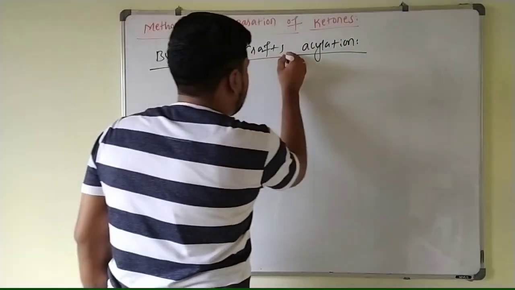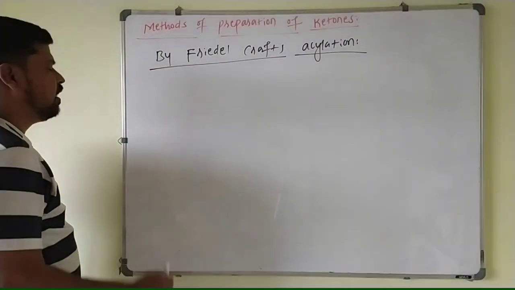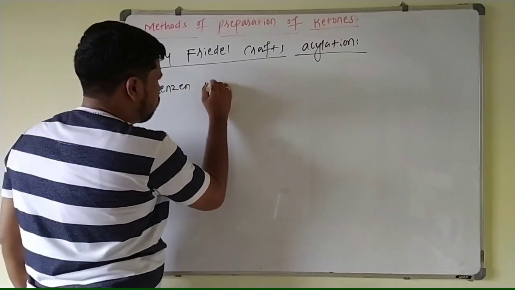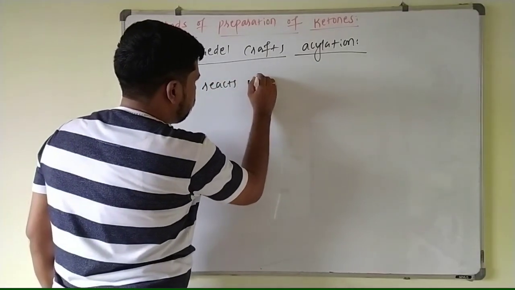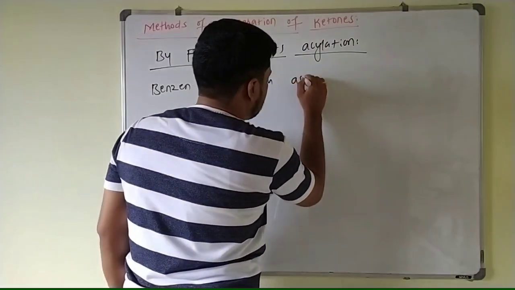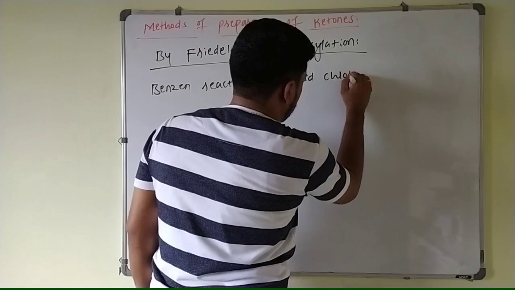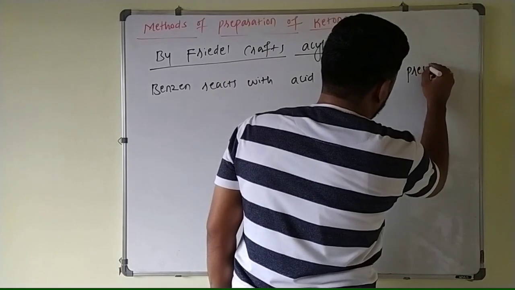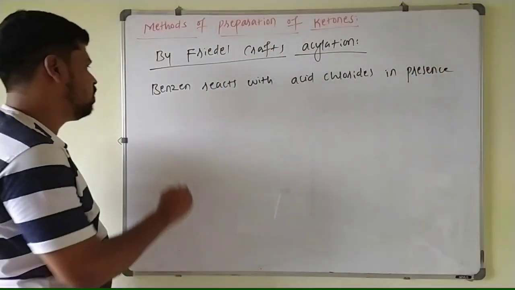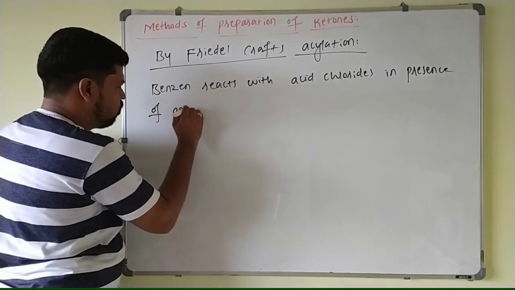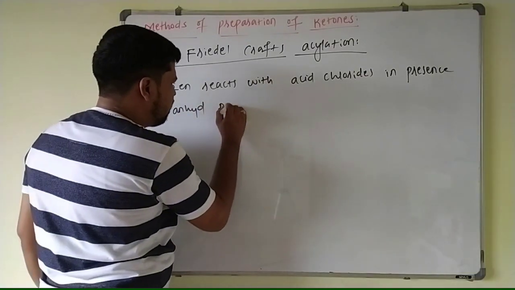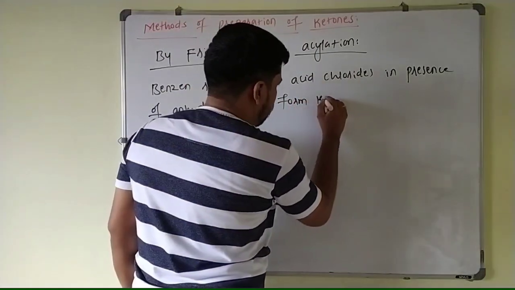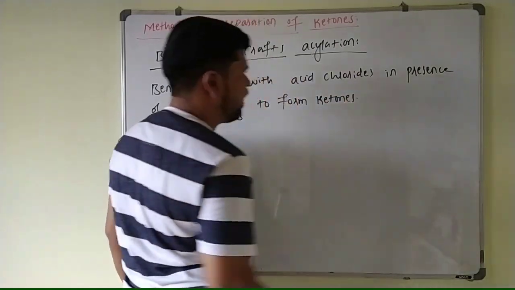Already you have studied this reaction in the first year hydrocarbons, and here benzene reacts with acid chlorides in presence of anhydrous AlCl3 to form ketones.